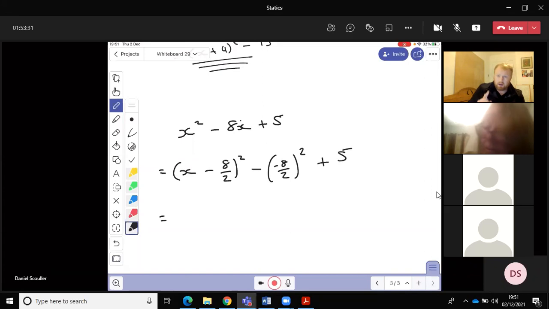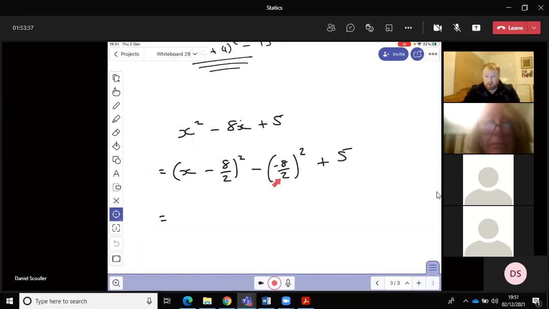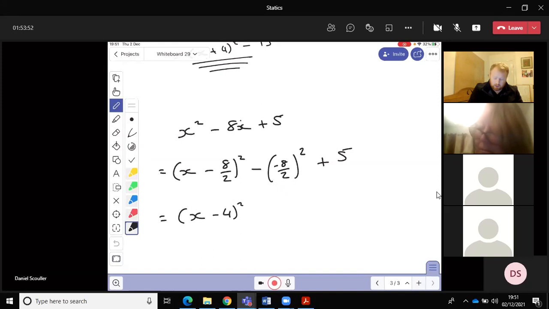I say people sometimes get confused at this stage, because if you square a negative number, it becomes positive. If you remember what a square is, a square is just a number times by itself. So let's just tidy this up a wee bit. x minus 4 squared minus 4 squared plus 5.